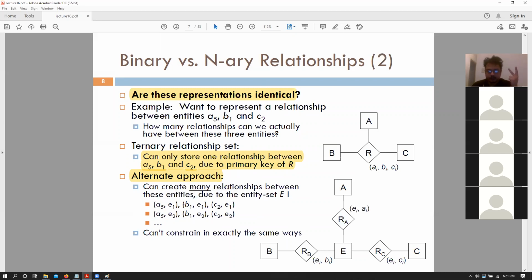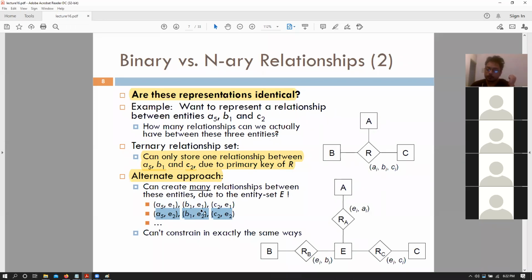So A5, E1, B1, E1, right? And C2, E1. And these are all arbitrary entity sets that we have created, right? So we can have this. But since there are no constraints that relate all of those three things together, A, B, and C, we can also have other constraints, that is A5, E2, B1, E2, C2, E2, right? Nothing is stopping us from having these constraints as well, or having these tuples as well.